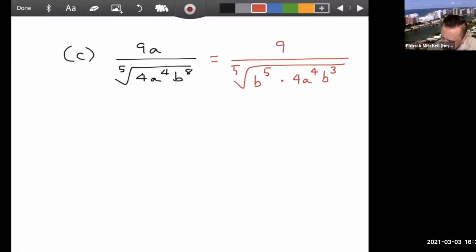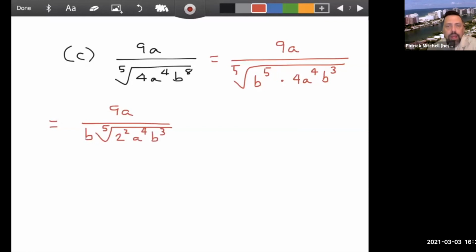Okay. All right, so you break that b to the fifth out of the fifth root, and it just becomes a b. And then you're left with the fifth root of, let's write that 4 as 2 squared, because that's really helpful to build up your perfect fifth powers.